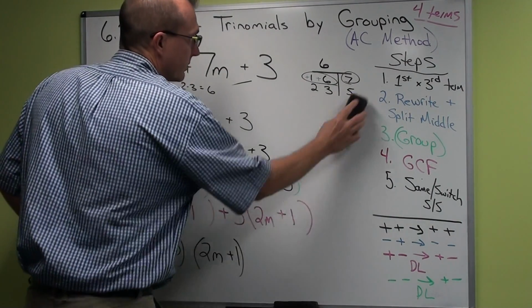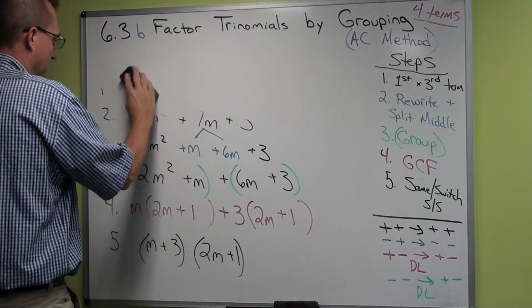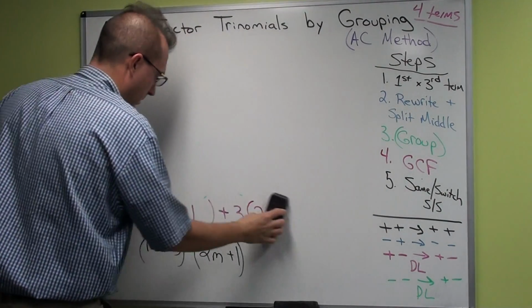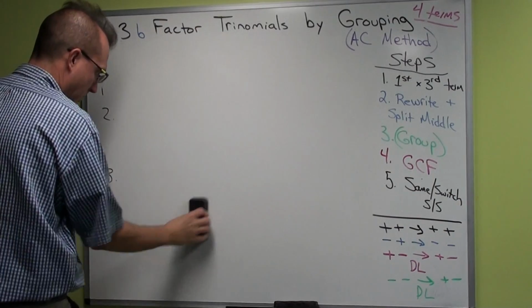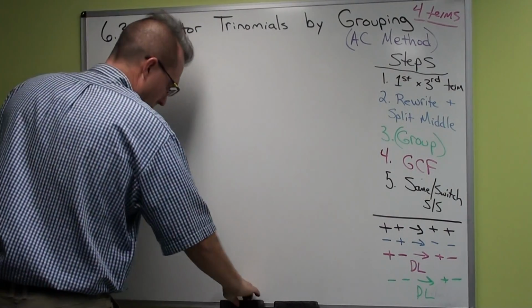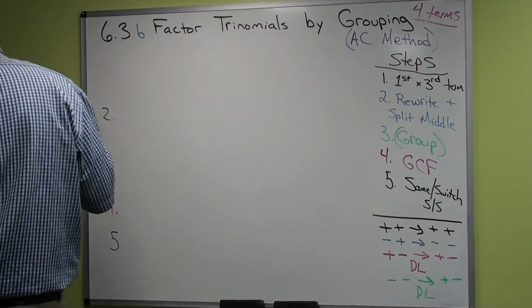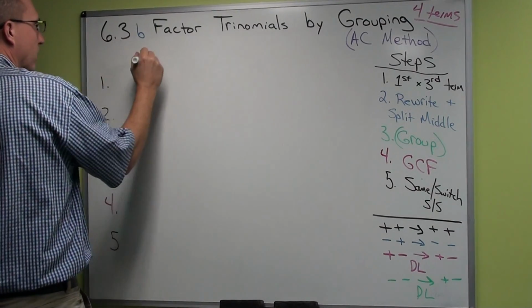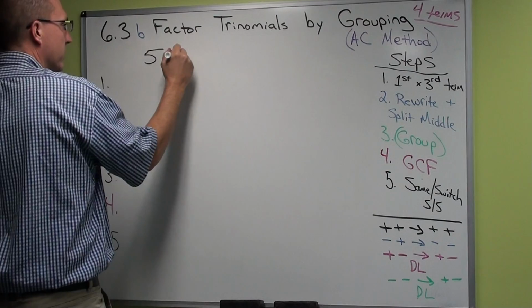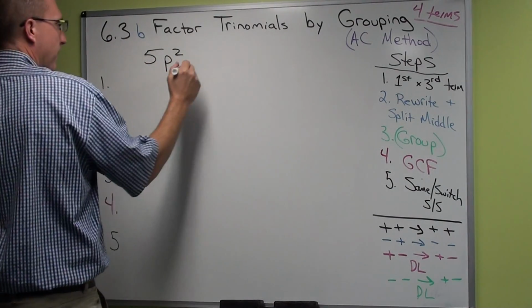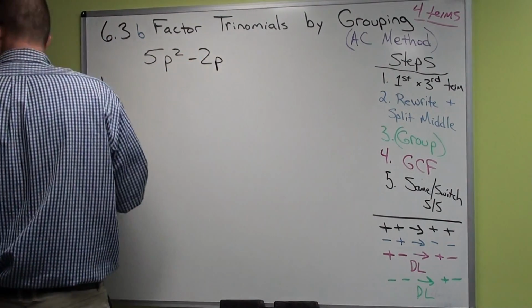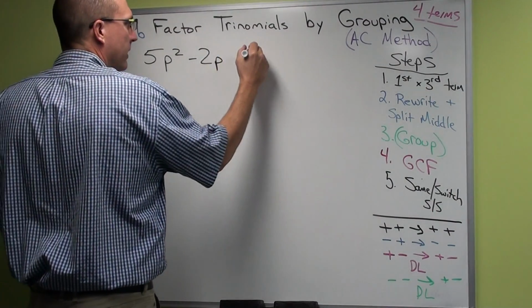Alright, let's go to the next one. Alright, 5p squared minus 2p minus 3.